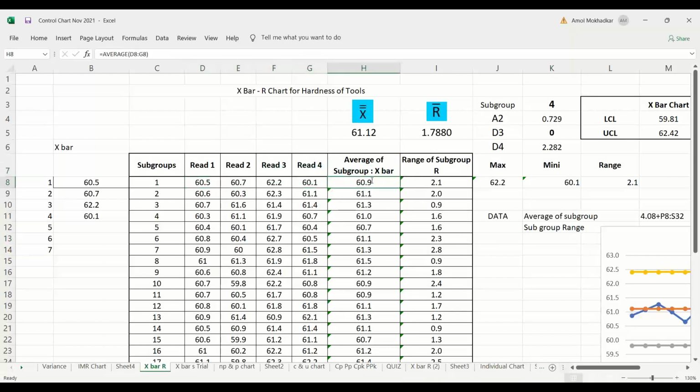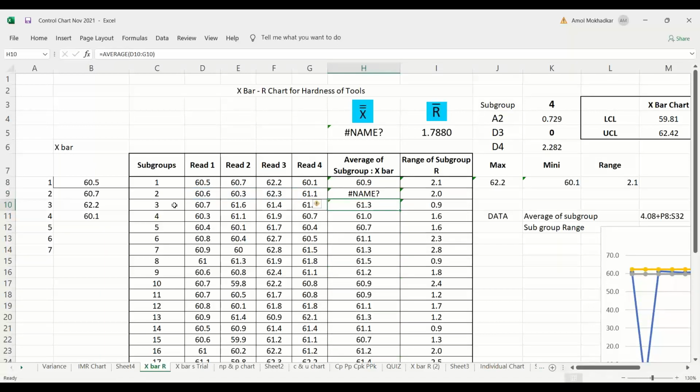So you take the average of this subgroup. This is the average of the subgroup, which is 60.9 for this subgroup. Then you take the average for the next subgroup, and keep on calculating the average of each subgroup.